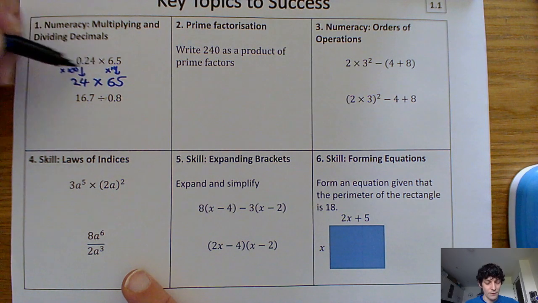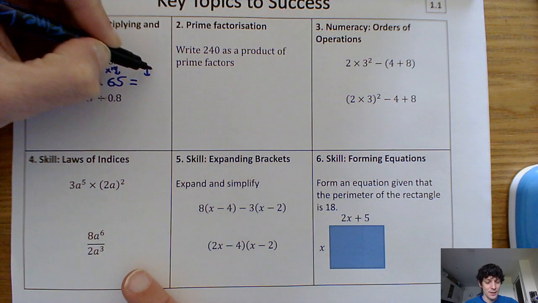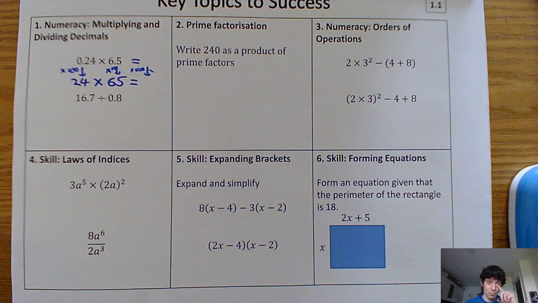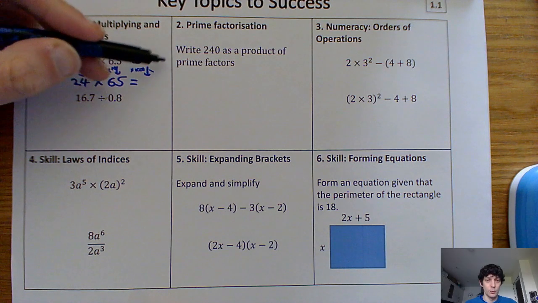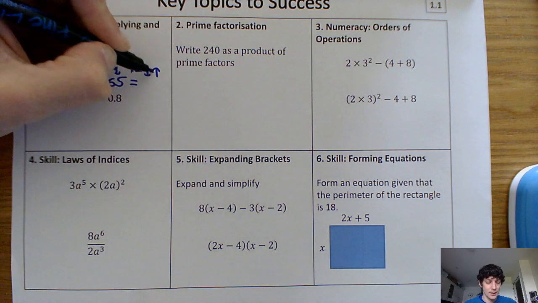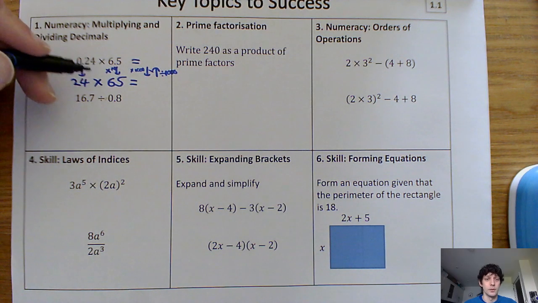So altogether, if I've multiplied by 100 and multiplied by 10, the answer that I get here is going to be 1,000 times bigger than the answer would be to the decimal question. So whatever answer I get here, to go back up, I'm going to need to divide it by 1,000.